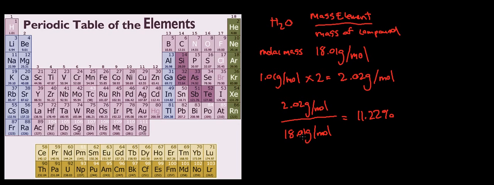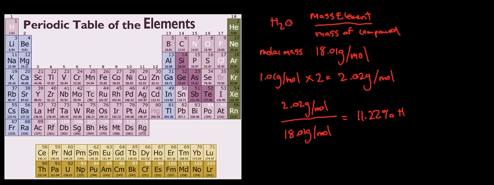So the total compound has a mass of 18.01 grams. So this is if I had 1 mole. If I had 1 mole, it would have a mass of 18.0 grams, and 2.02 of those grams would be hydrogen. So I don't forget, 11.22% hydrogen.